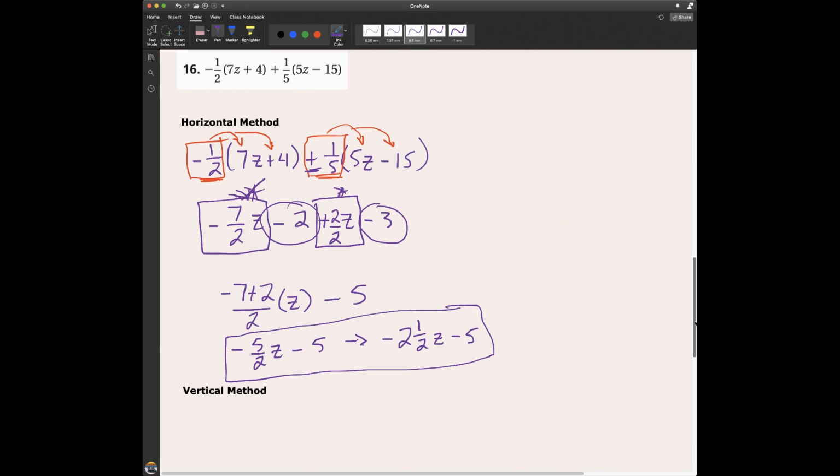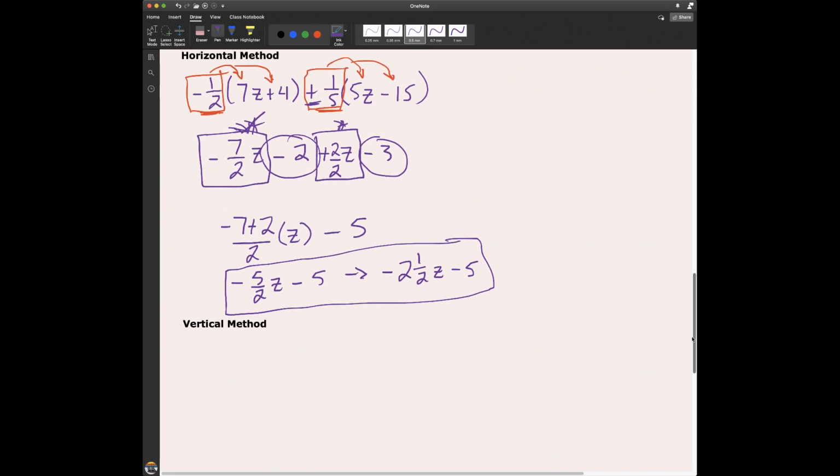Okay, let's look at this one more time using the vertical method. Negative 1/2, and then this was z, whoops, z, I messed that up.